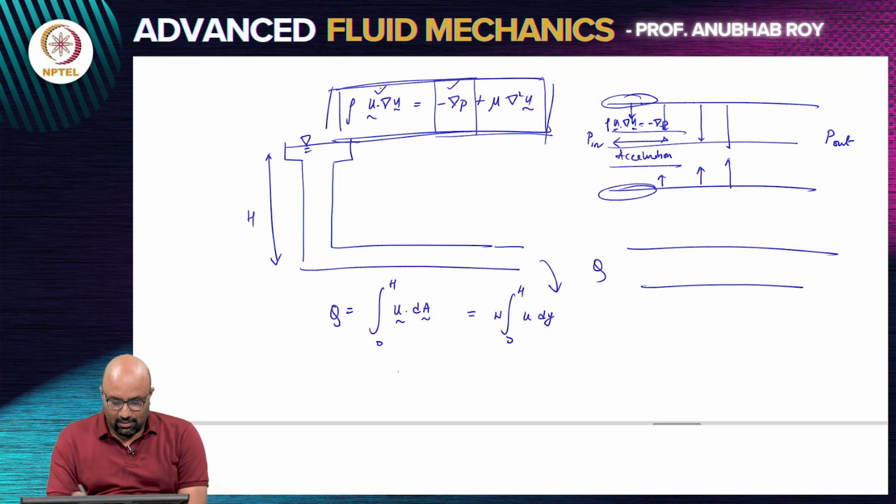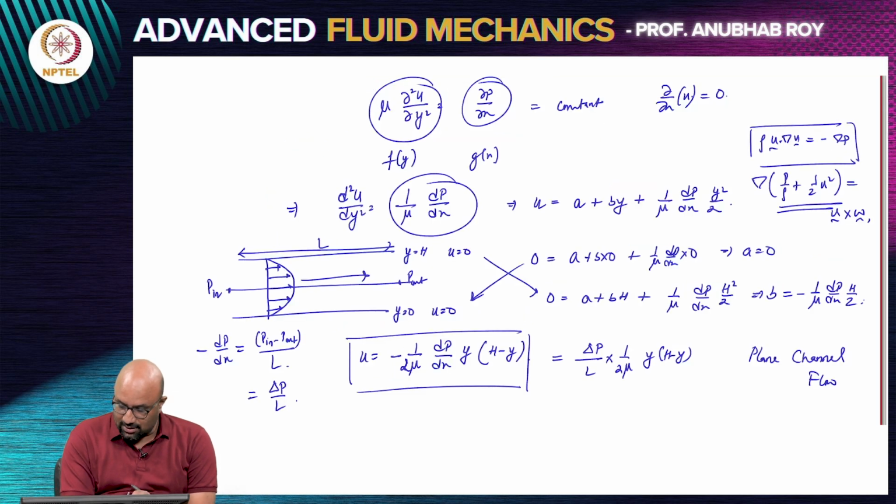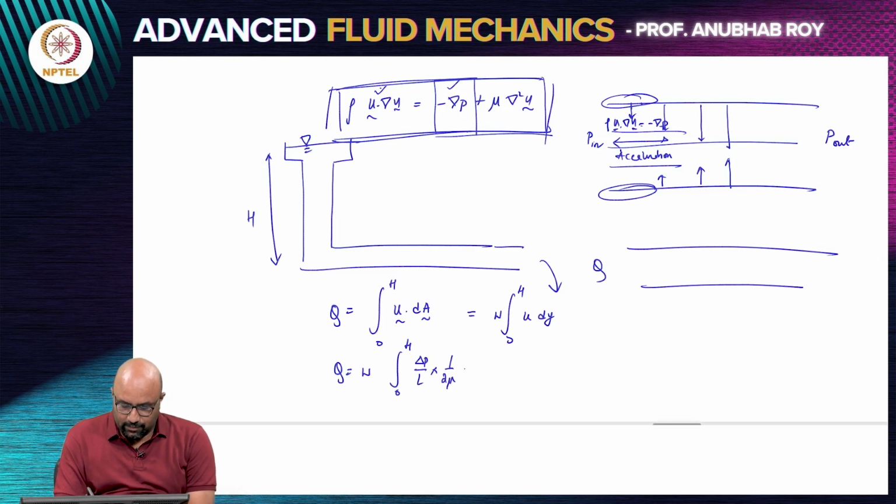So the flow rate per unit width, or the flow rate, is equal to the width times the integral from 0 to h, and the velocity profile was ΔP by L, 1 by 2 mu, y (h minus y) dy.